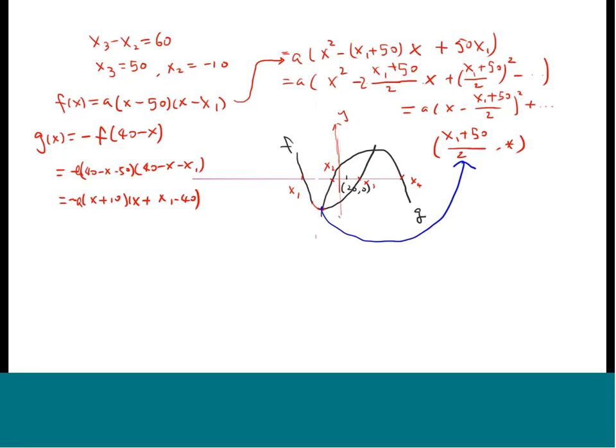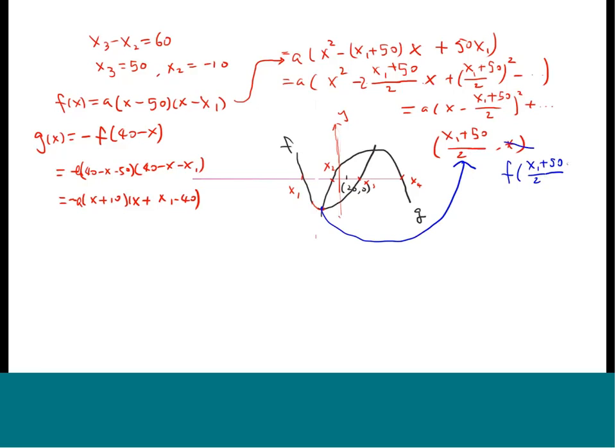Okay, now that's actually saying, whatever here is, we can write here. Here is f. Or lazy, right? The vertex is: the x coordinate is (x1 plus 50) divided by 2. The y coordinate is f of (x1 plus 50) divided by 2, right? Okay.